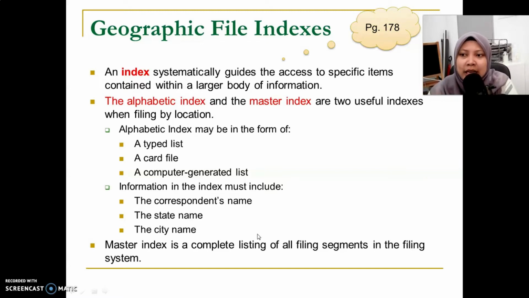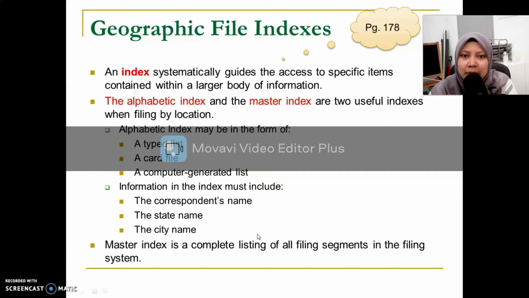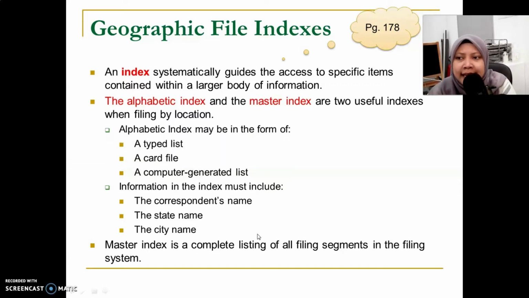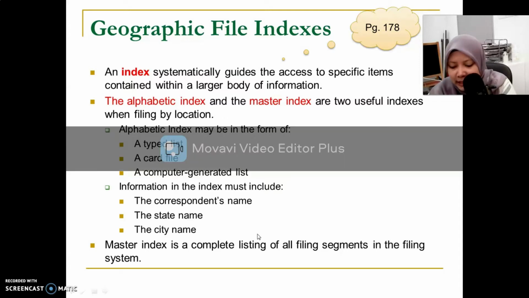Instead of kita hanya tahu location tapi kita tak tahu siapa pemilik that particular file. So here, an index is actually a system that guides you to access the specific item contained within a large body of information. Maksud dia, index ni macam index card lah. You nak cari sesuatu, berdasarkan index tu boleh bantu you nak tahu dekat mana file tersebut.